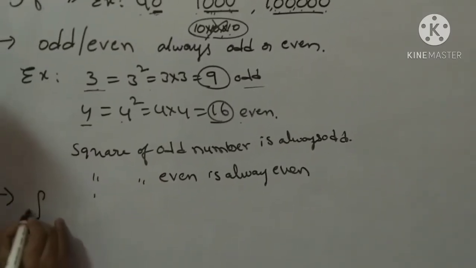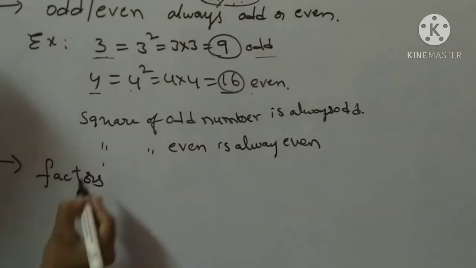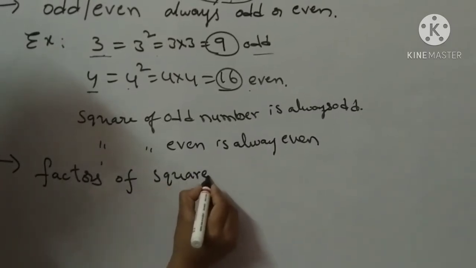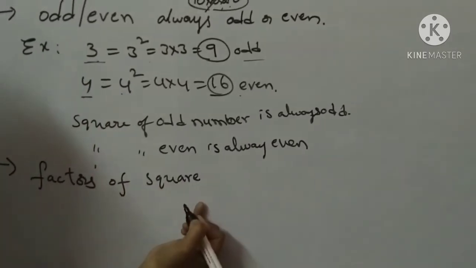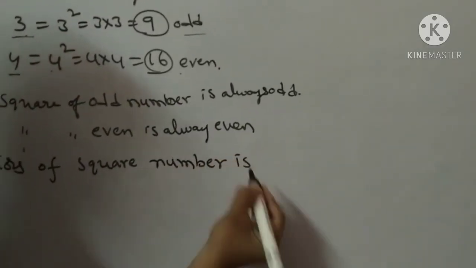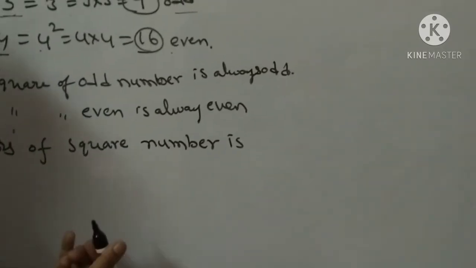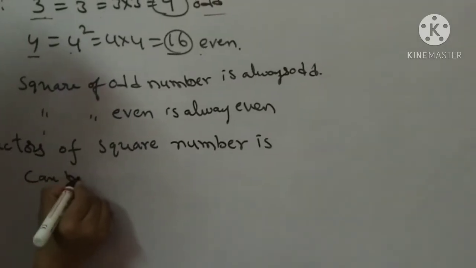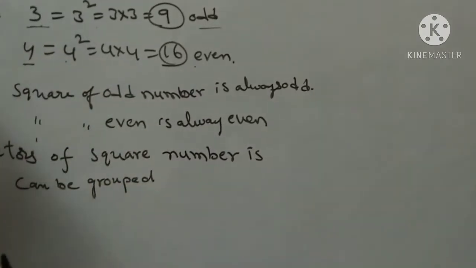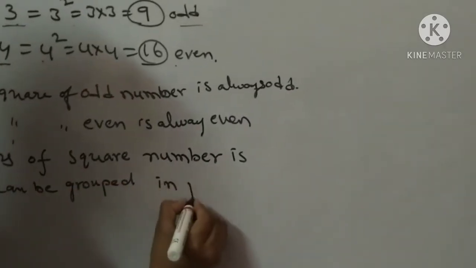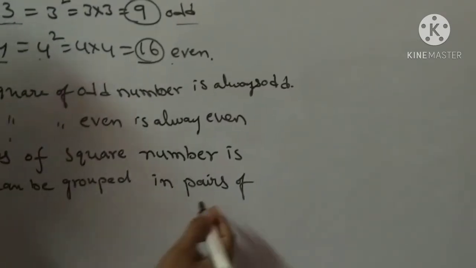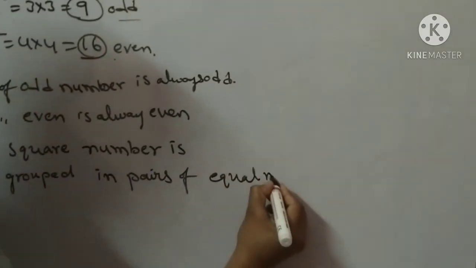For example, factors of every square number can be grouped in pairs of equal numbers.